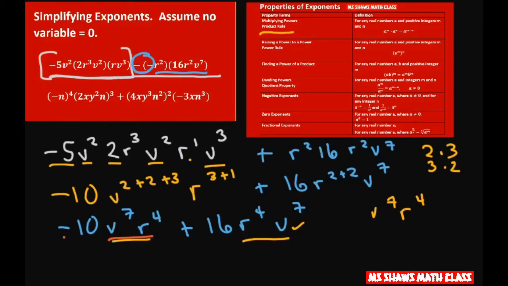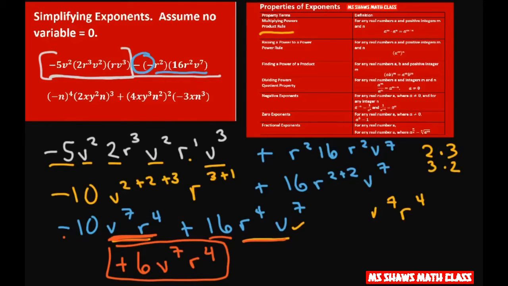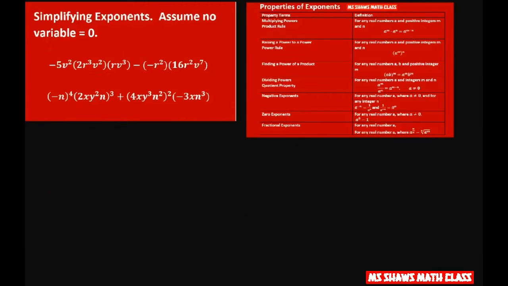I have negative 10 of these plus 16 of these, which is positive 6, v to the 7th, r to the 4th. So that's pretty easy, and the reason it was easy is we didn't have any of these power properties. So for the second one, we have to do the power property.